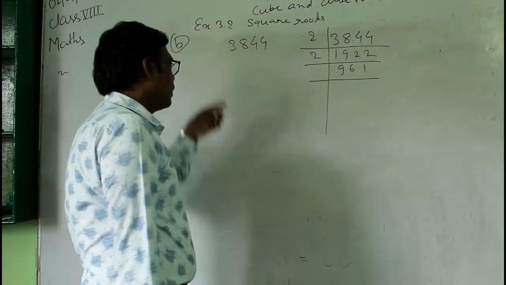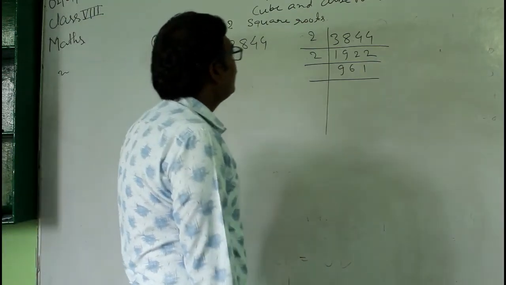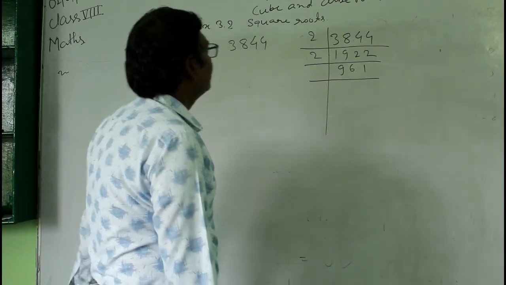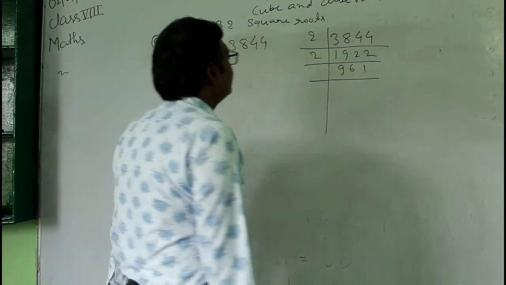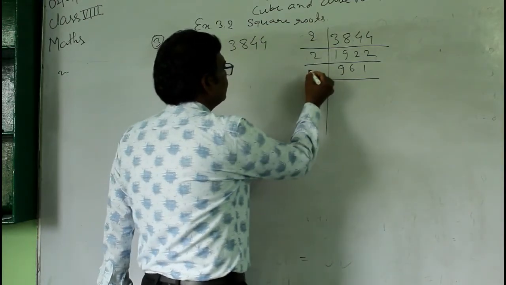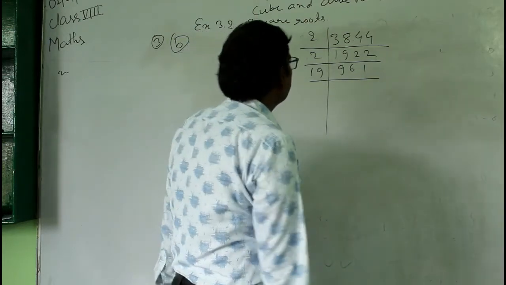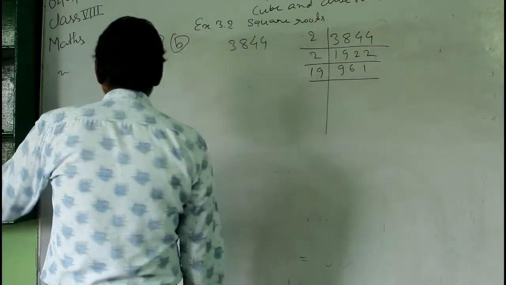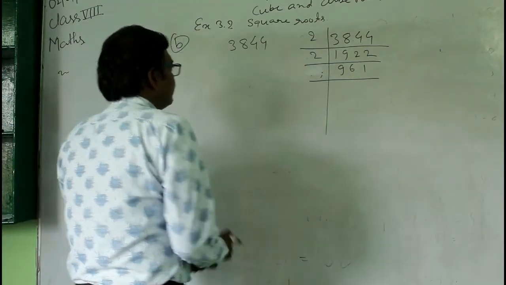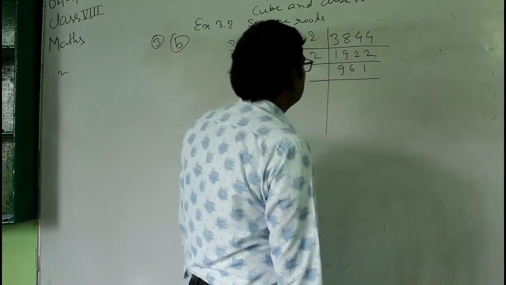Now this number will not go by 3. Try this number by 3, so this number will not go by 3, because it is 961.